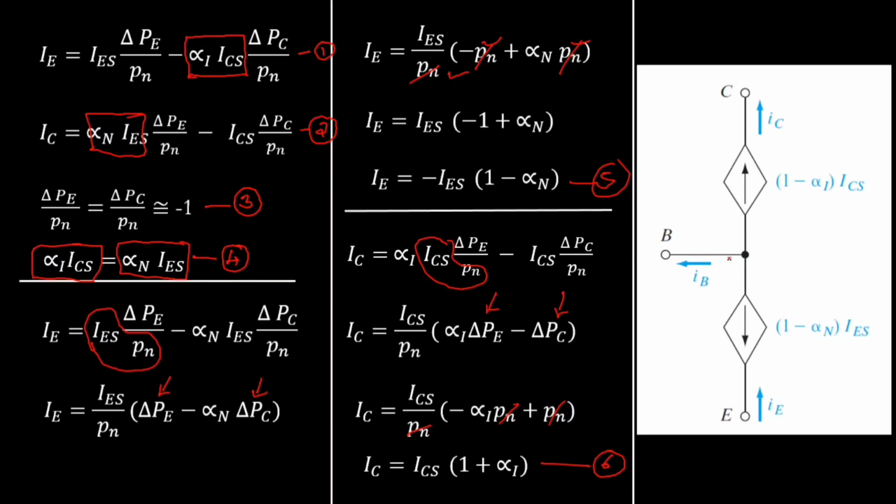I can draw a diagram like this for the cutoff state of the BJT, with emitter, collector and base. Collector current is flowing upward, and we know emitter current is entering the BJT. I_B is flowing outward from the BJT. Look at this expression: I_E is nothing but a dependent current source, depending on the emitter saturation current.